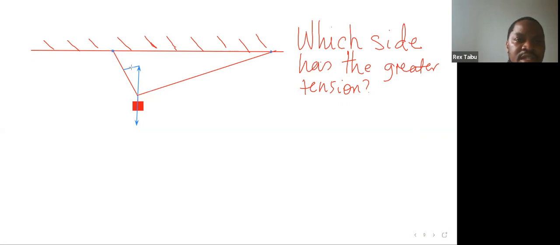So let me use an arrow. Again, I have to draw it nicely, so it is parallel to this line. And then I will draw another line that is parallel to this line, trying to draw a parallelogram like that.